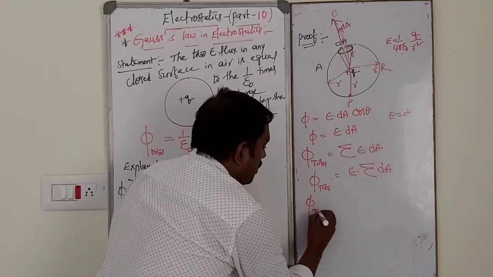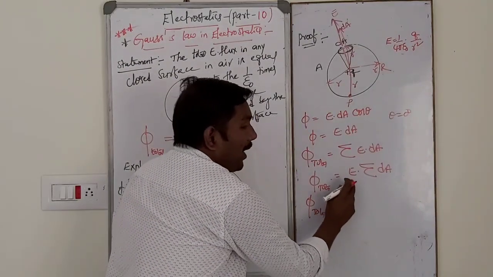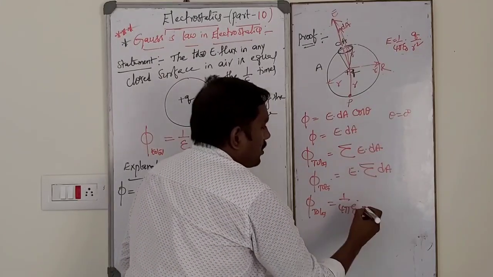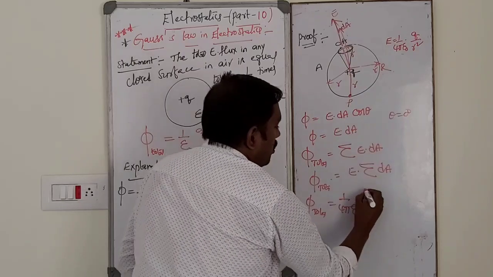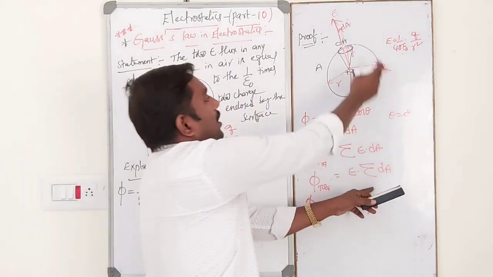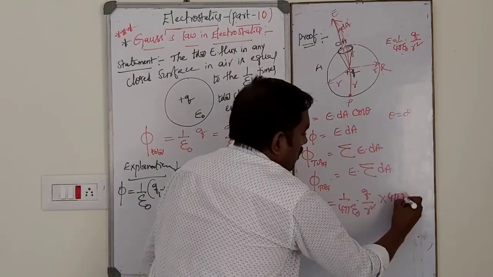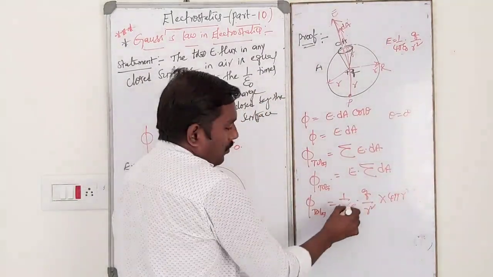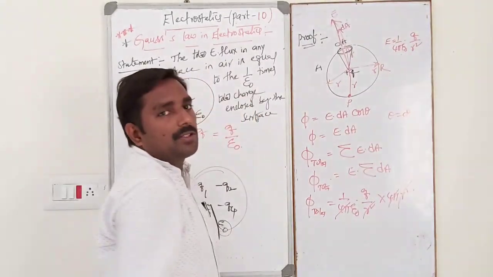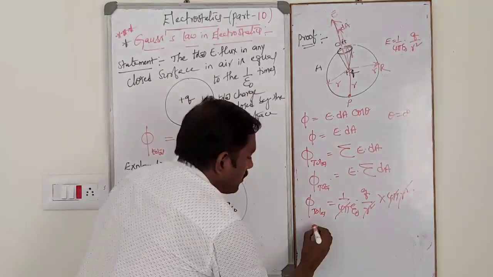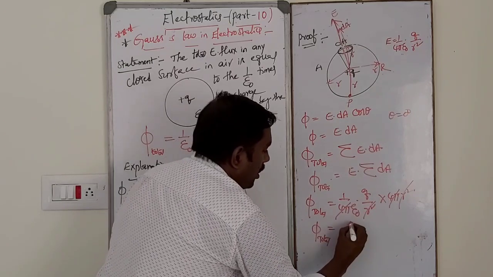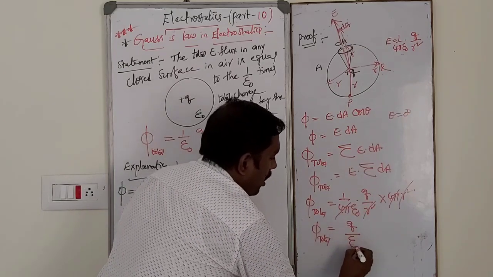So phi total is equal to 1 over 4 pi epsilon naught into q by r square into 4 pi r square. 4 pi cancels out, r square also cancels out. Then the remaining total electric flux is equal to q by epsilon naught.